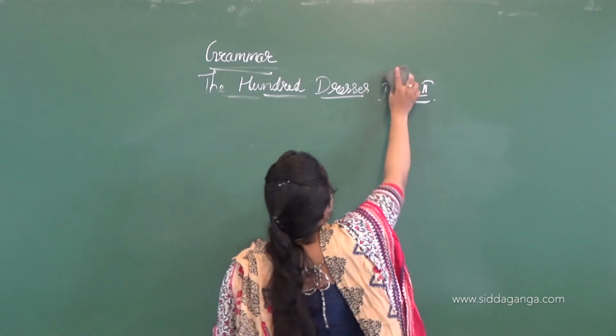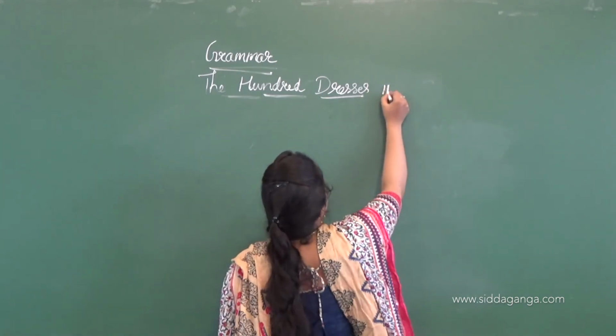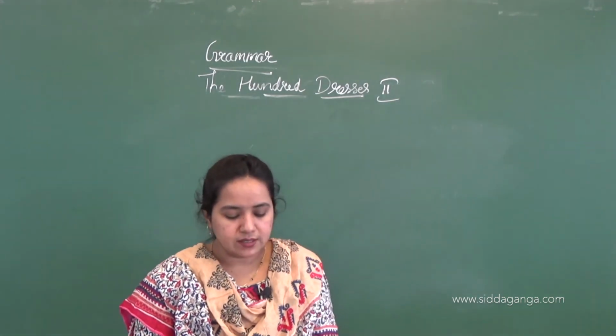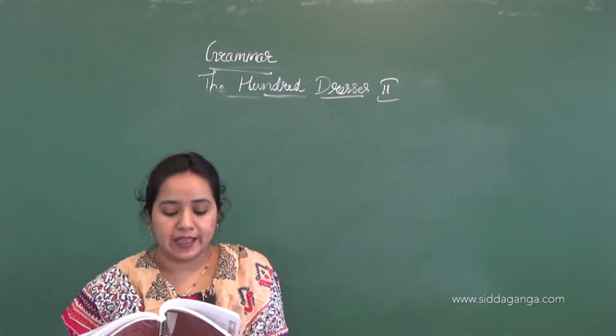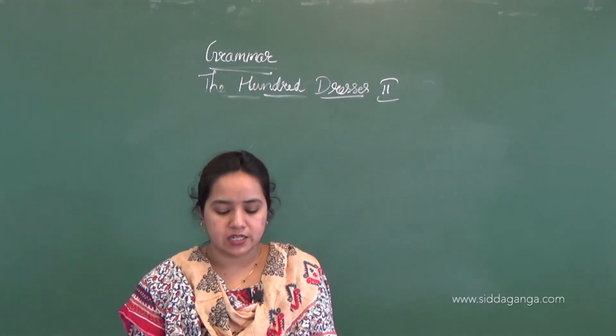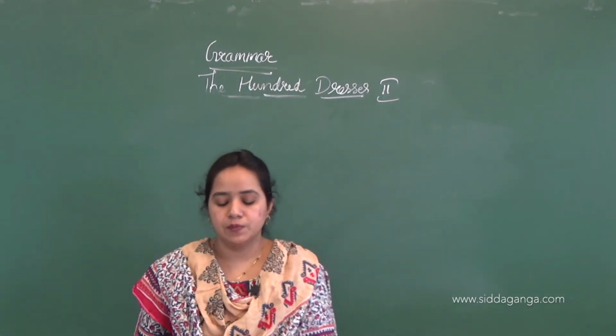You can take this as the second part, according to the textbook. Here there is a thinking about language. So here are activities based on language, and you can improve your language.